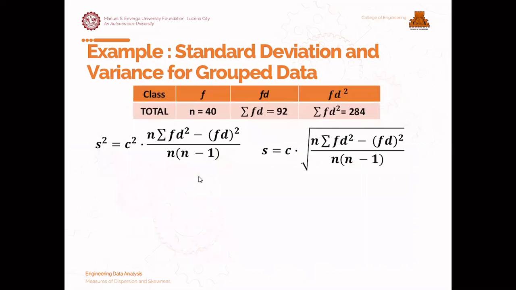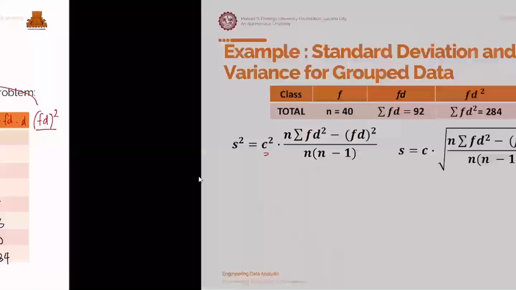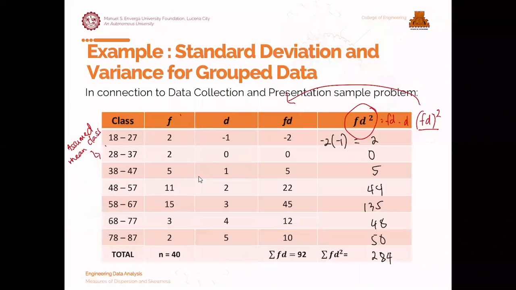So ano nga itong C natin? Naalala ko ano ibig sabihin ng C. Class interval po. Mas kilala siya as class interval, na nakakalculate sa difference nung lower limit ng isang class minus yung preceding lower limit ng isang class. So let's say, itong selected class natin minus yung preceding niya.